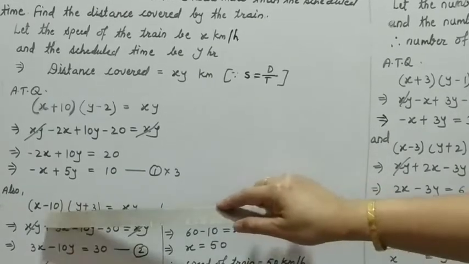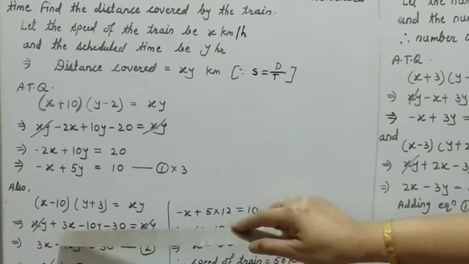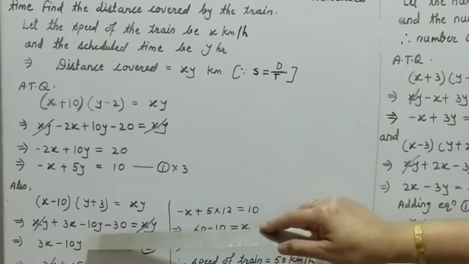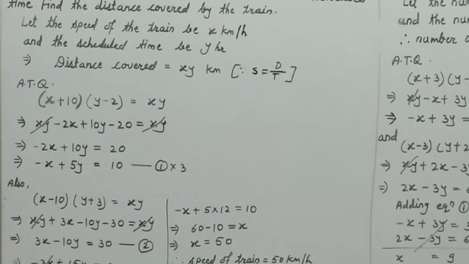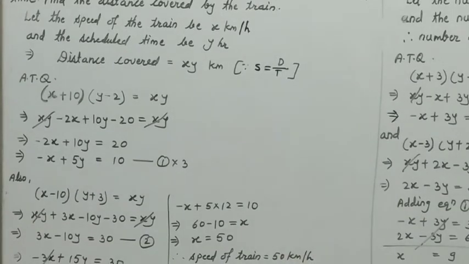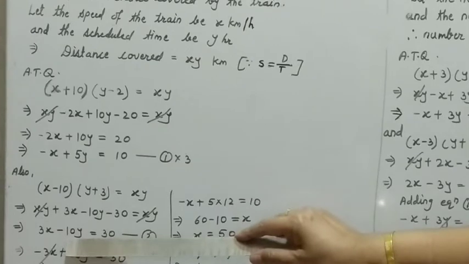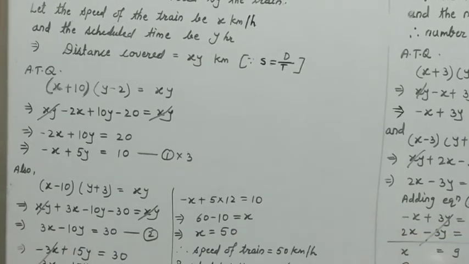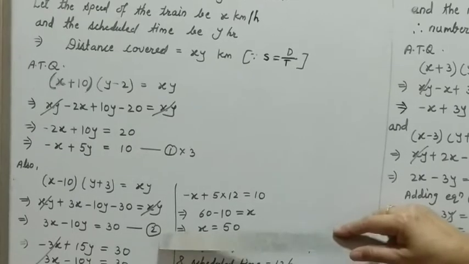If we multiply the two brackets, we get xy plus 3x minus 10y minus 30 is equal to xy. xy is common, so both sides will get cancelled and the equation reduces to 3x minus 10y is equal to 30. Let us call this equation number 2.